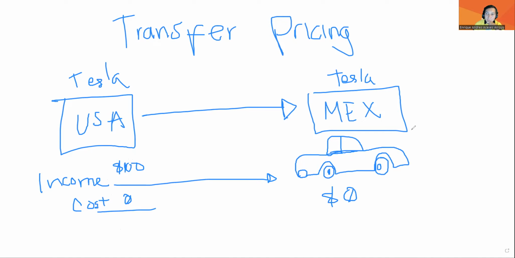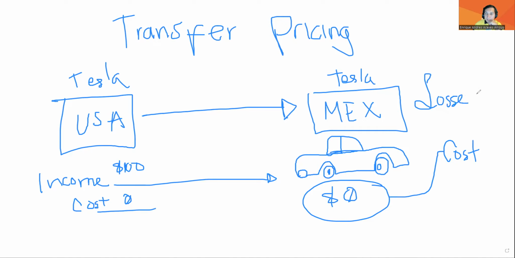And what would happen to the Mexican company? They will have no income. But obviously, they will have all the manufacturing costs for the car, so they would incur losses. How much tax would they have to pay to the Mexican government if they have losses?